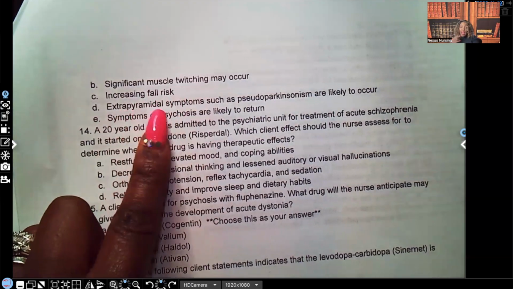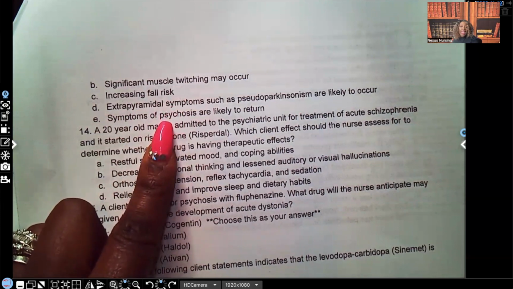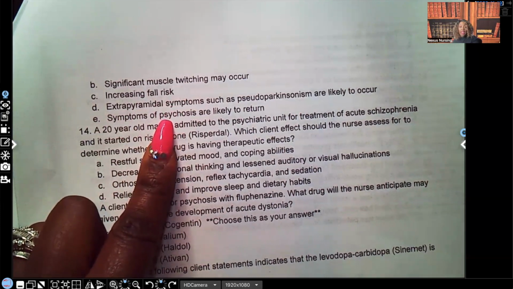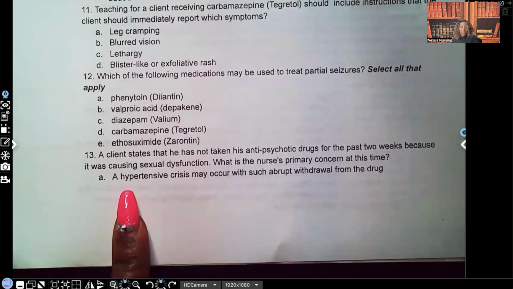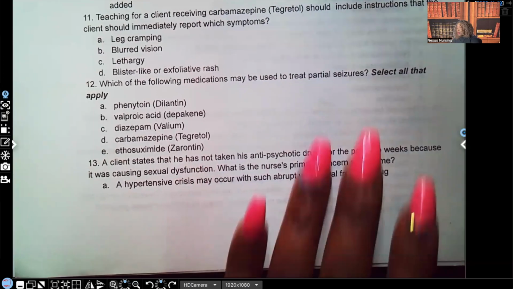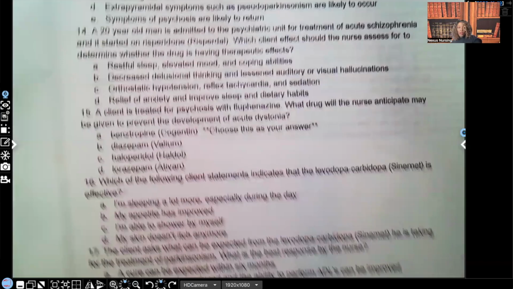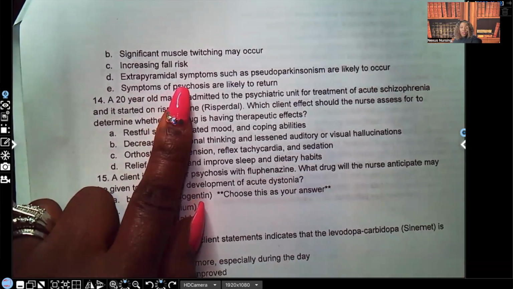D, extrapyramidal symptoms such as pseudo-Parkinsonism are likely to occur. E, symptoms of psychosis are likely to return. So going back to here, here's what's happening. The patient stopped taking their antipsychotic drugs 2 weeks ago. What are we concerned about happening? And guys, the correct answer is this. The symptoms of psychosis are likely to return.